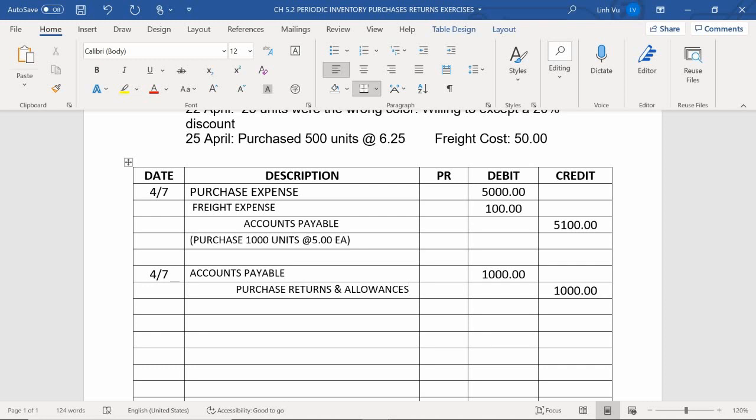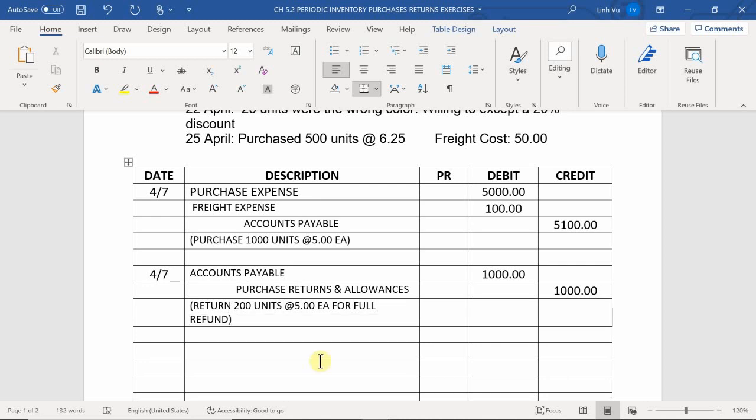And then in your note or description, you could say, I returned 200 units at $5 each for a full refund. Right, because 200 times $5 gives you 1,000, and that's what you're going to get a refund for.